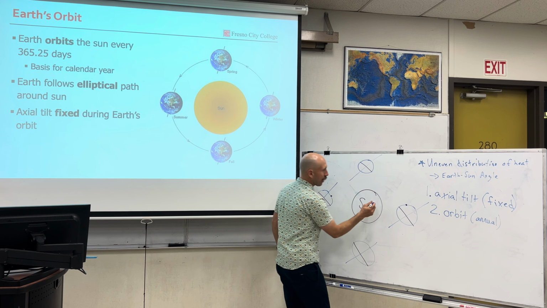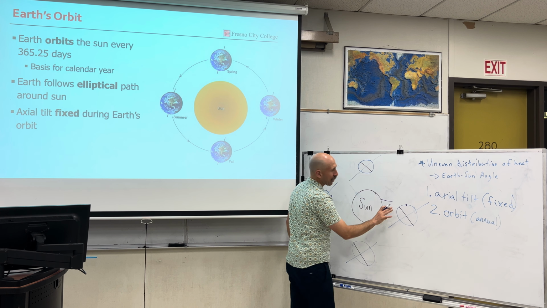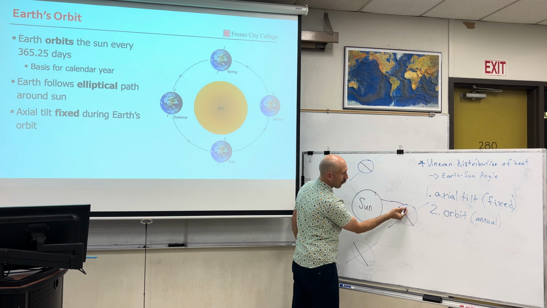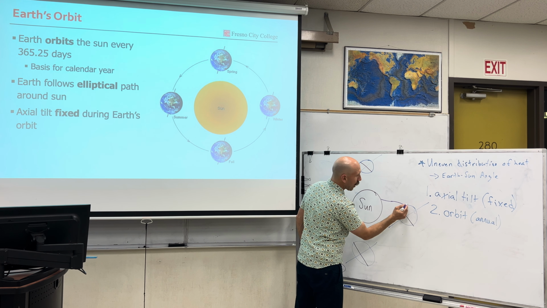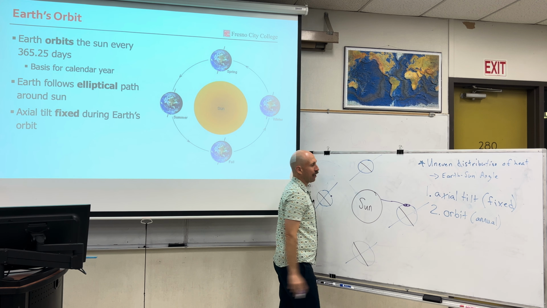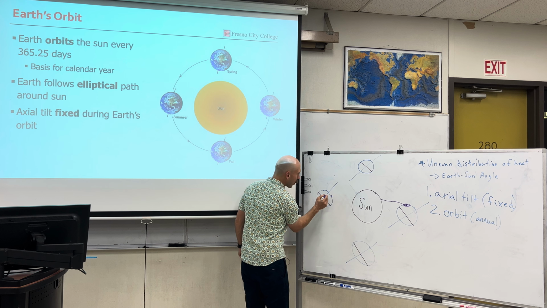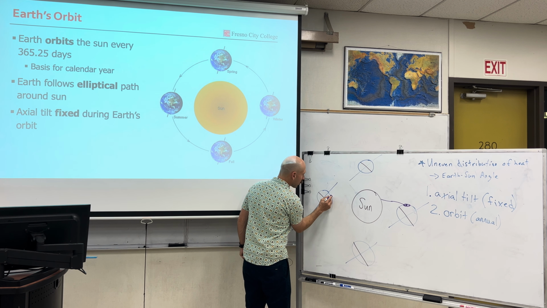So notice, the sun, because of the tilt of the axis, where I'm at is further away, which creates a greater area for heat to be distributed. And then when Earth is pointing towards the sun, it's a smaller area.